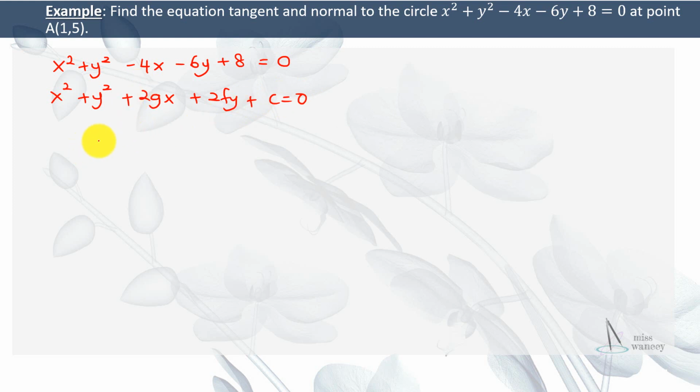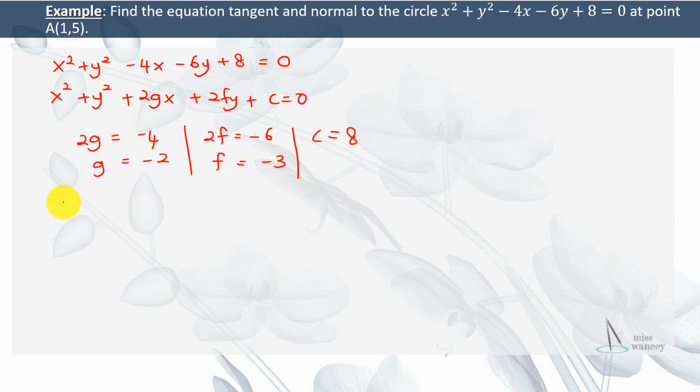When you compare them, 2g is equal to -4, therefore g is -2. Meanwhile, 2f is equal to -6, therefore f must be -3. Comparing c, c is directly equal to 8.